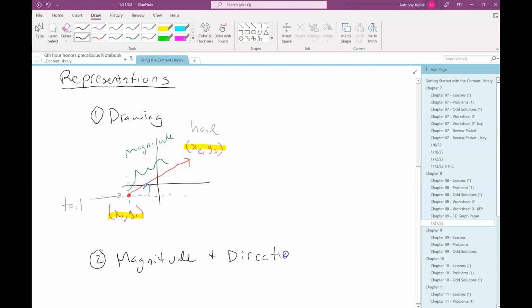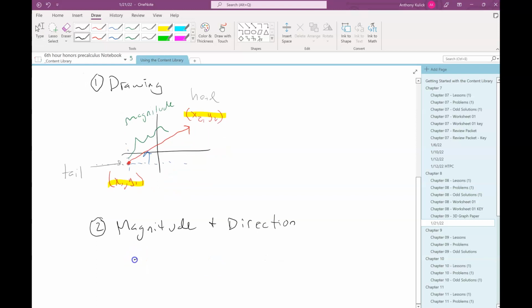Another way we can represent a vector is just by giving you the magnitude and direction of something. For example, back in semester 1, we might have talked about a plane that's flying 250 miles per hour with a bearing of 105 degrees or something.